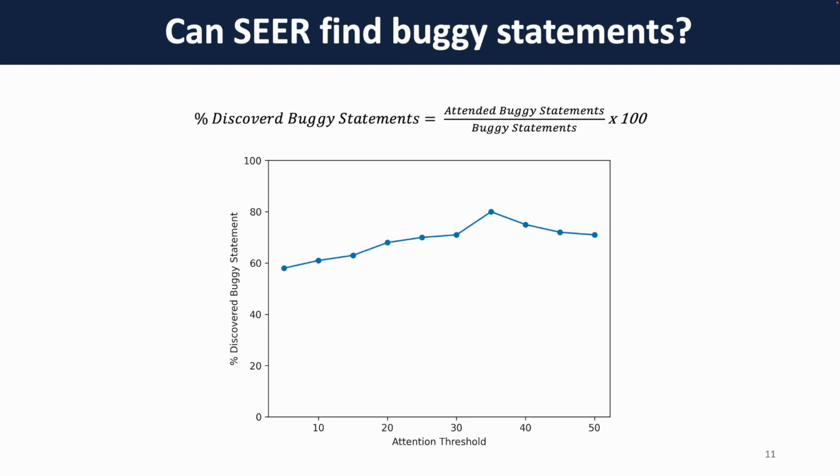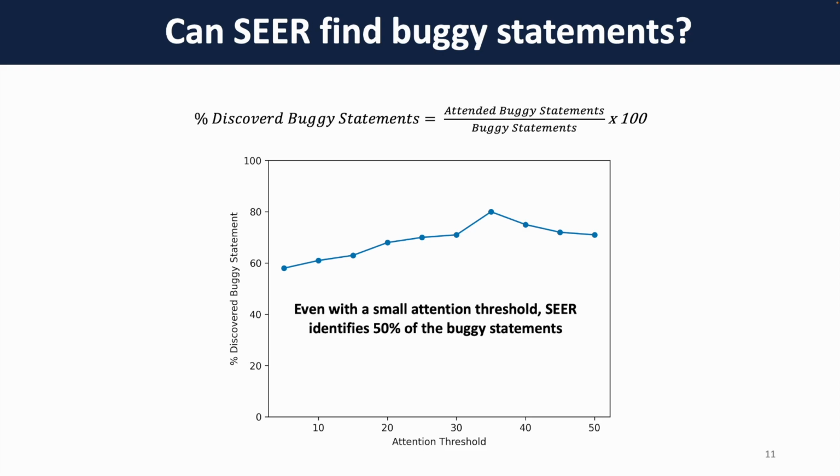Next, we will discuss the result of our third research question, can SEER find buggy statements? This research question is mainly about the interpretation of SEER. As you can see from this graph, the x-axis shows the attention threshold. More specifically, an attention threshold of K means the top K most attended statements by SEER. The y-axis is the percentage of discovered buggy statements, which is the total number of attended buggy statements divided by the total number of buggy statements times 100.